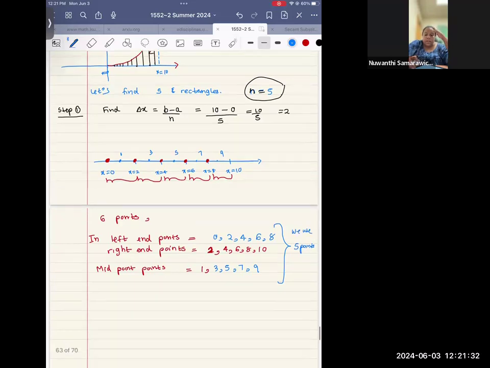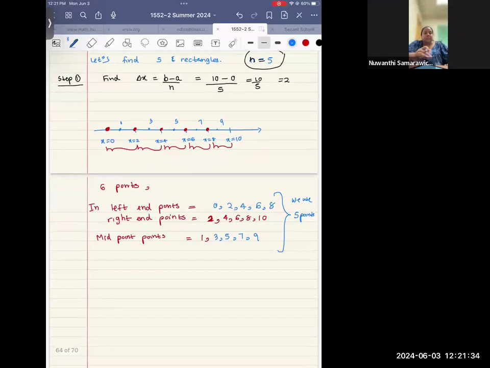So here you see in all these 3 cases, we use only 5 points. Okay. So the difference of the trapezoid rule is we use all the 6 points, which means we take all the y values of these 6 points. That's the difference.